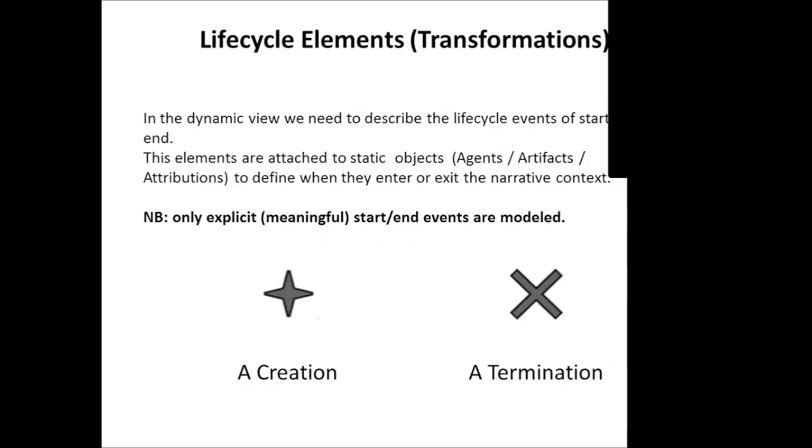The last symbol, because we decided to have a language with very few symbols, and we decided that this was a key factor, to have a language that is easy to understand, to recognize, to recall, and to write and read in the end. So the other symbol we needed was something to say that it's important for the narrative that in a certain scene something is born or something is going away and not coming back.